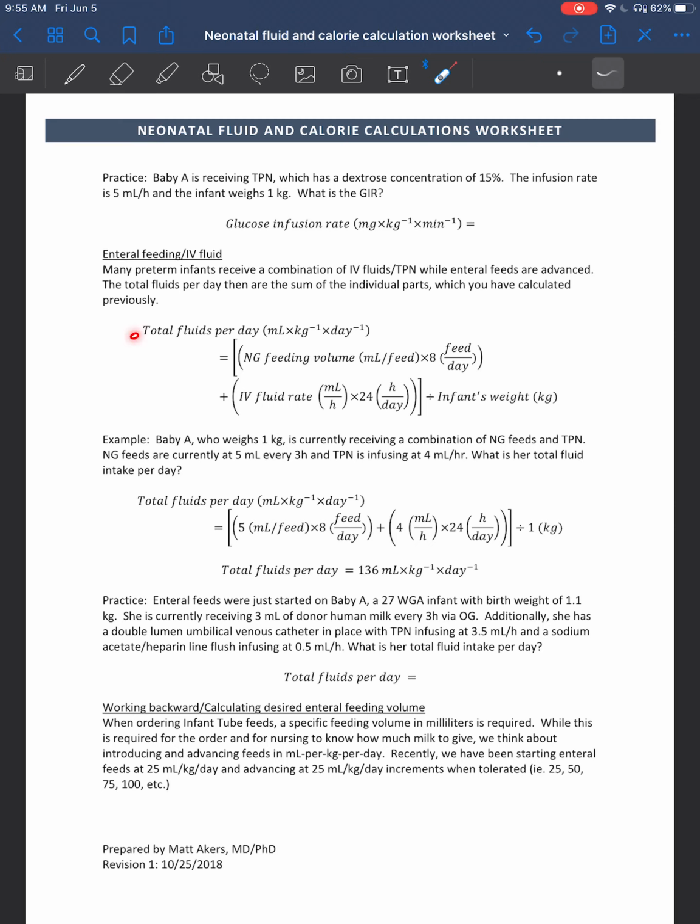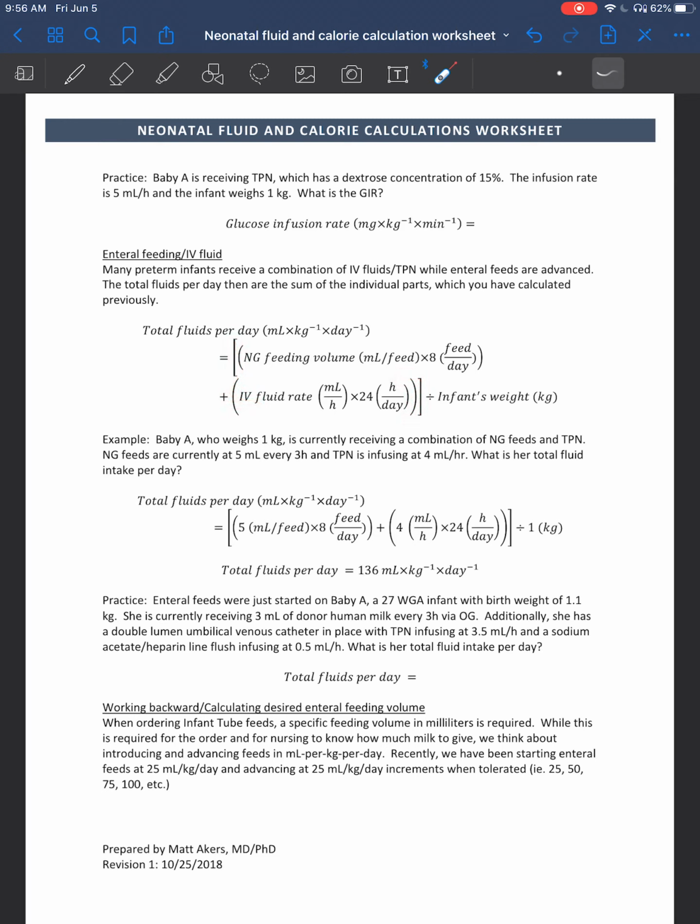So the total fluids per day is the sum of the NG feeding volume per day and the IV contribution. We would take the NG feeding volume, milliliters per feed, times 8 feeds in a day, add that to the IV fluid rate times 24 hours in a day. Then once we find the total volume for those two components, divide by the infant's weight.